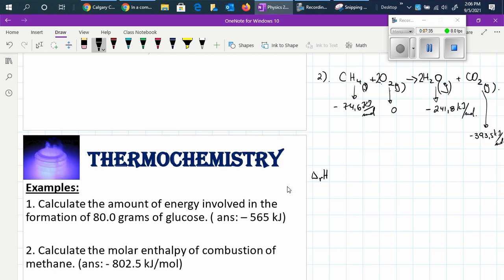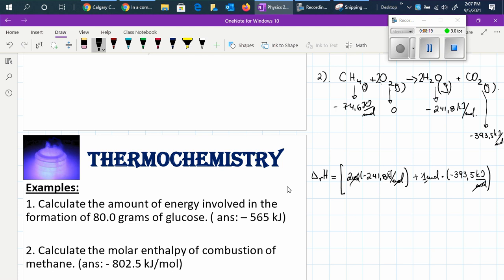Okay, so now when we are finding the enthalpy of a reaction, we say whatever is the enthalpy change of all the products minus the enthalpy change of all of the reactants. So it will be 2 moles times negative 241.8 kilojoules per mole. Moles and moles cancel out, plus 1 mole of carbon dioxide times negative 393.5 kilojoules per mole.